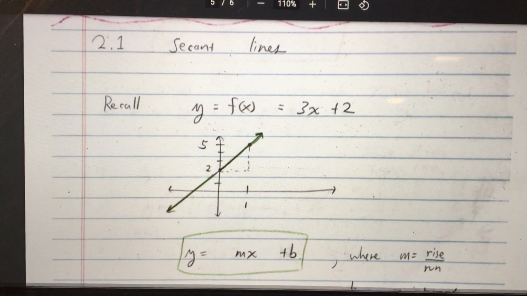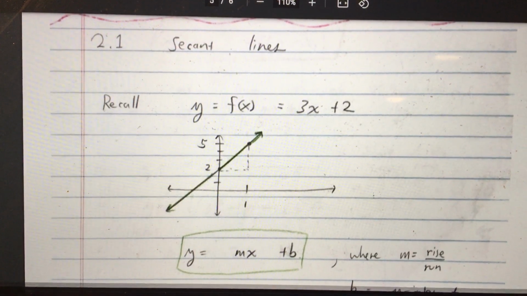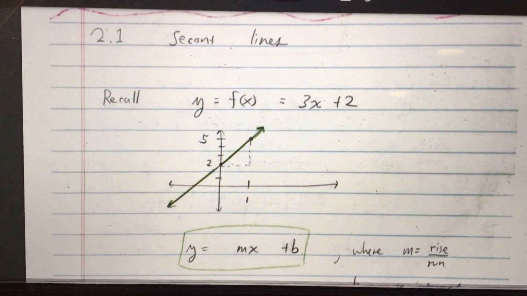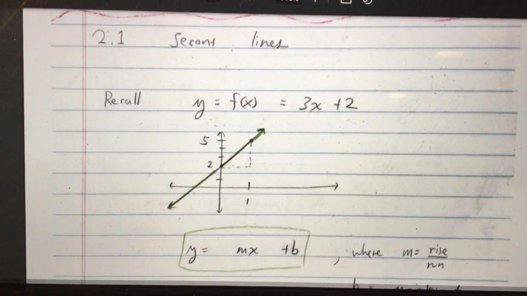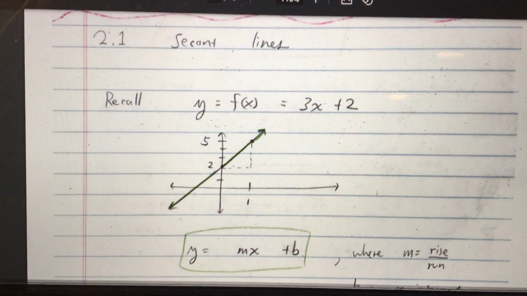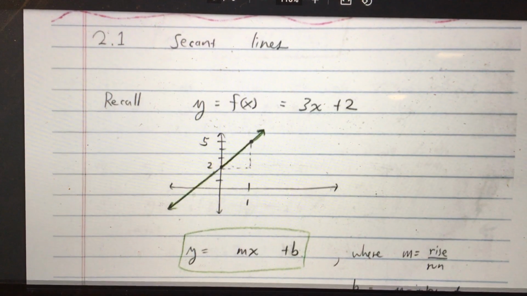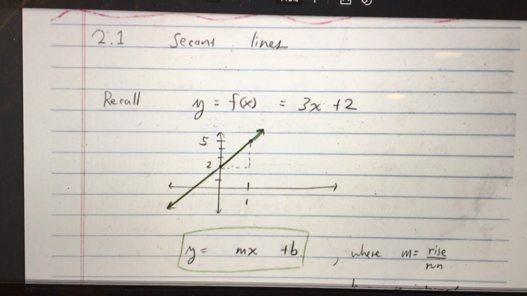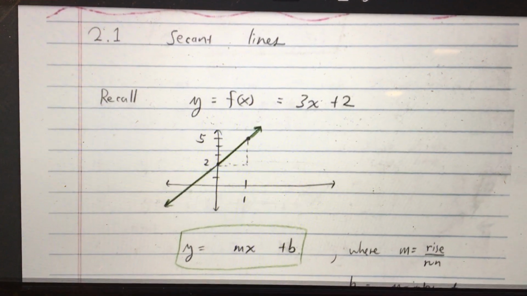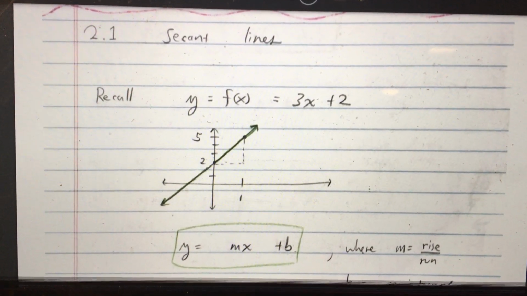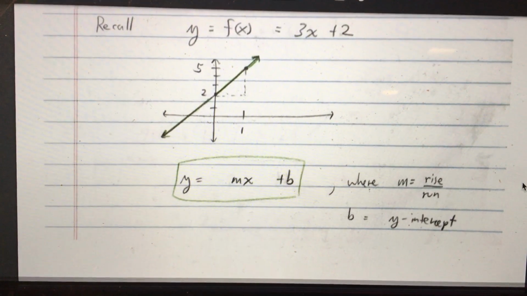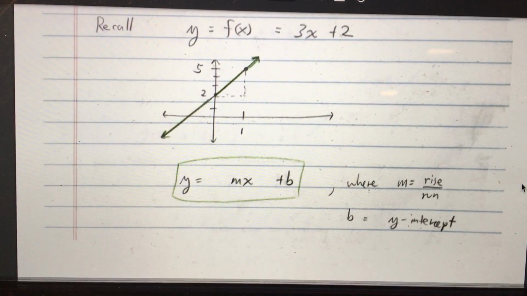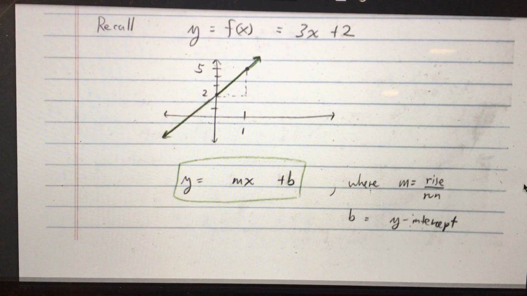And that's because you always put the change in the vertical, which we call the rise, or just change in y, over the change in horizontal, which we call the run, or change in x, for the same period of the same 2 points. So rise over run is the slope. And b there is the y-intercept. That's where it crosses the y-axis.